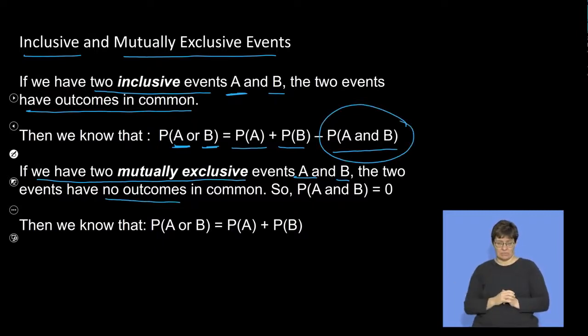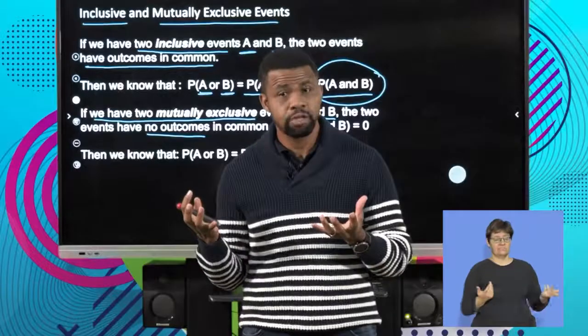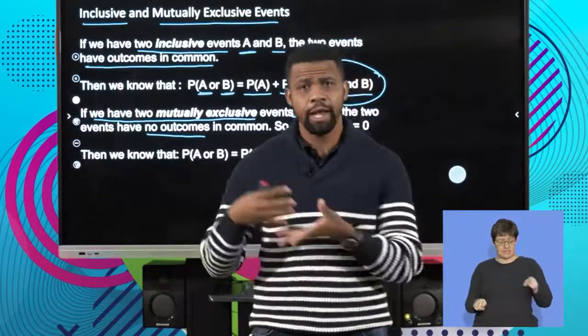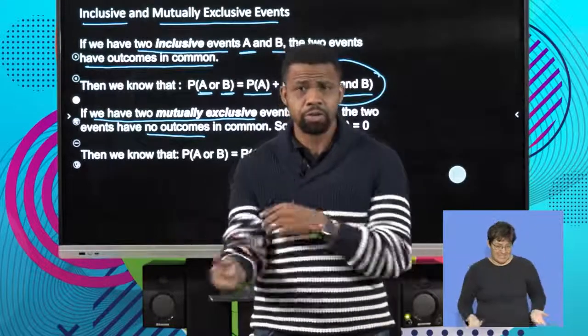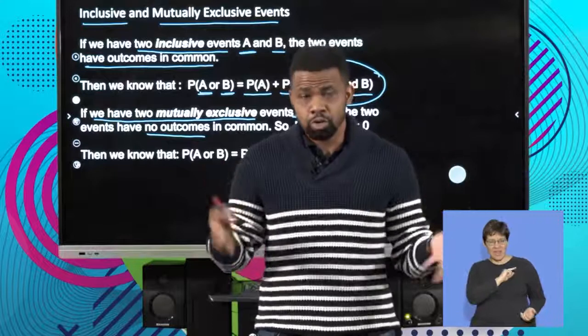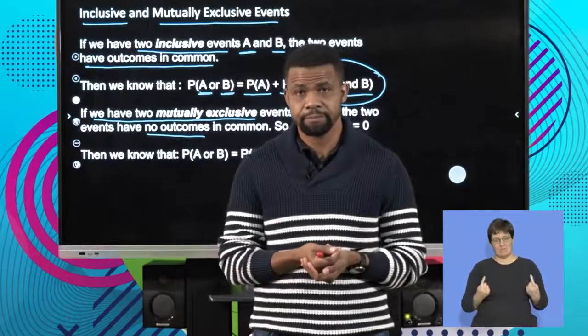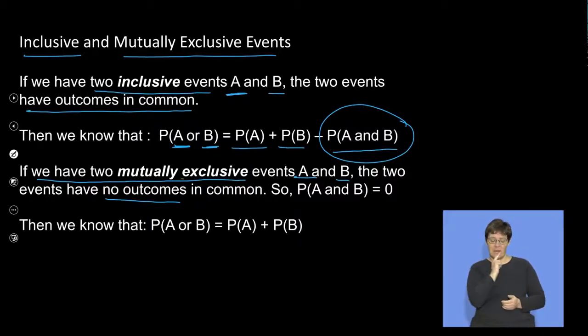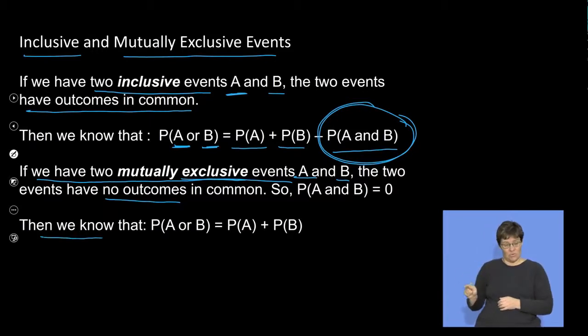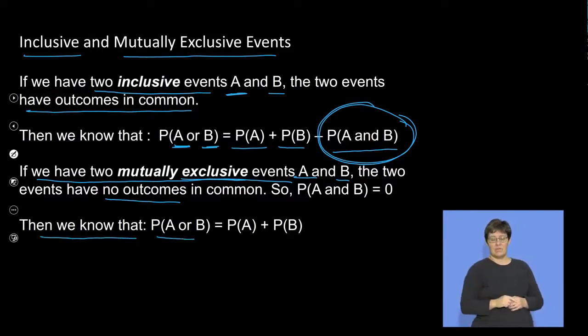One example is taking physical science and math literacy as subjects. Sometimes it's not allowed, so the two cannot happen simultaneously. If that's the case, which is exclusive, and the intersection becomes 0, then the probability of A or B is the probability of A plus the probability of B. Great.